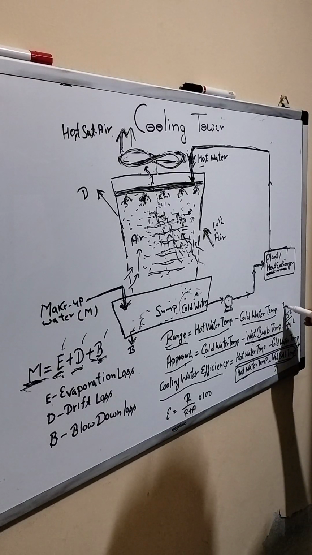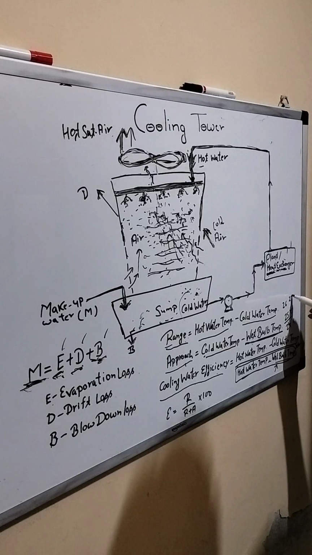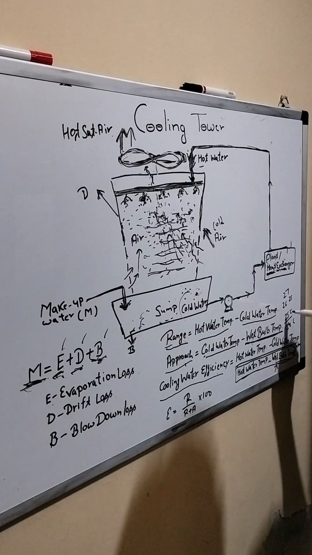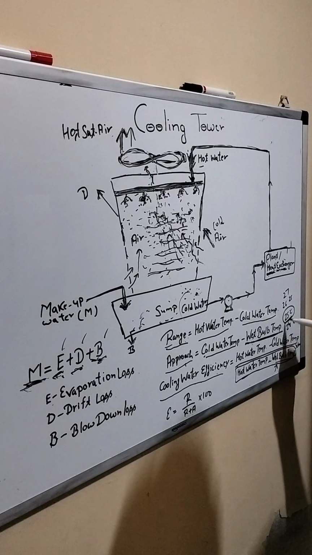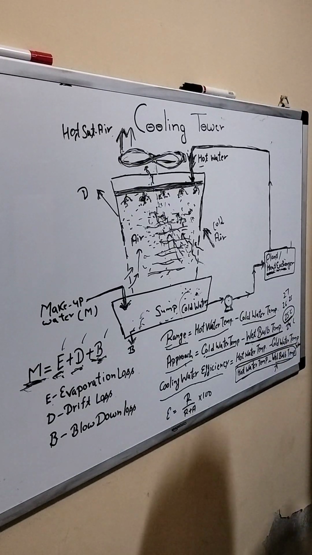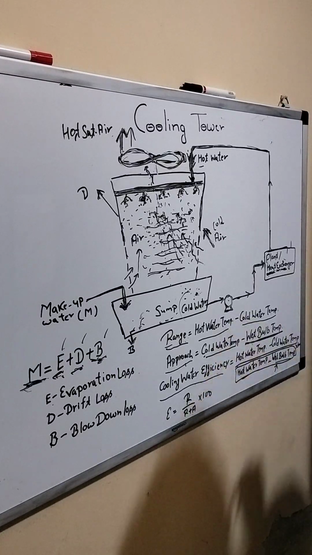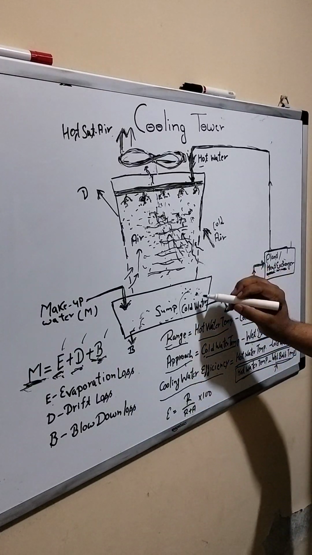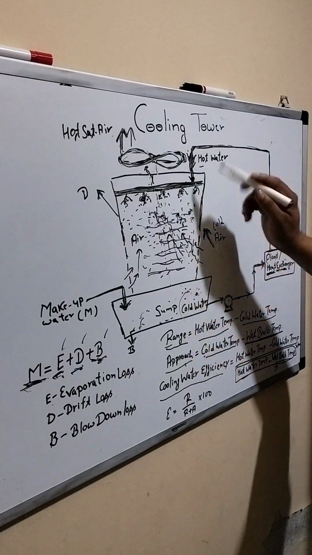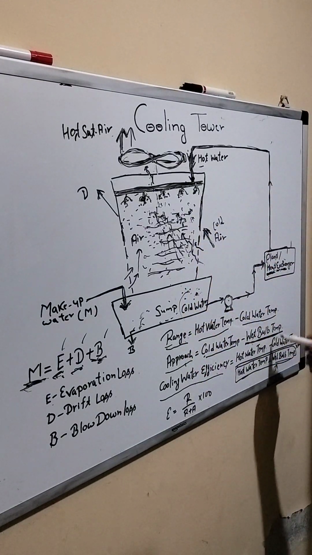You can achieve 26, even 25, or 27, but you can never achieve less than 25 degrees Celsius, because that is your wet bulb temperature. So always, guys, remember this point. You can never achieve a cold water temperature in a cooling tower below the wet bulb temperature.